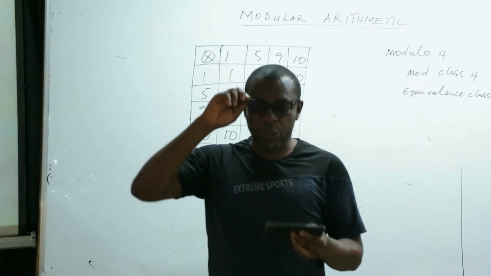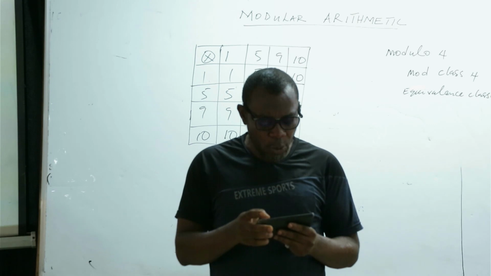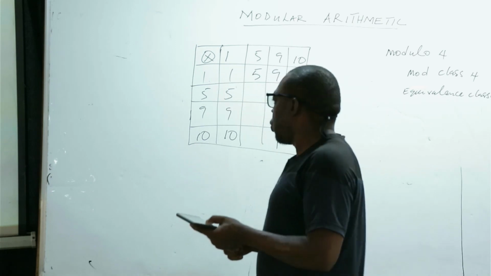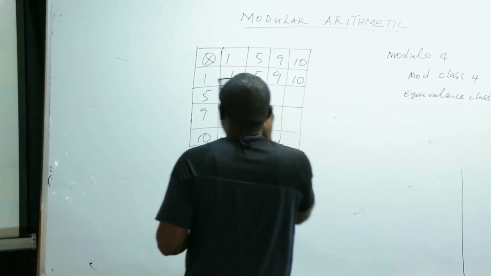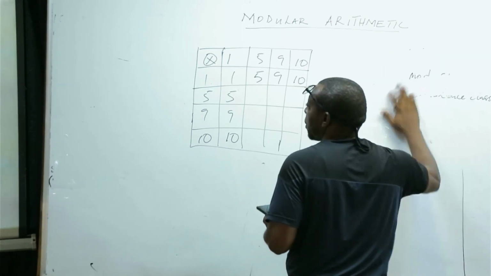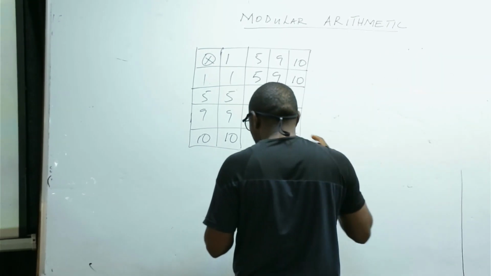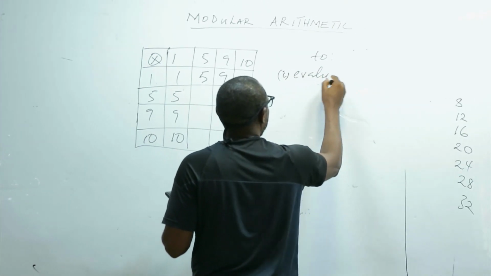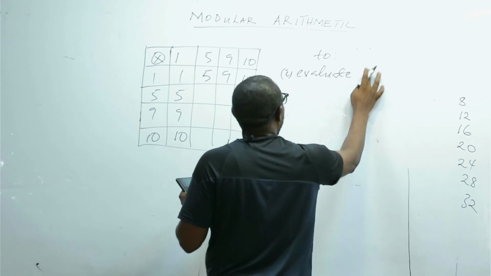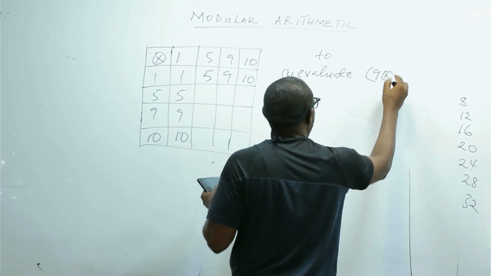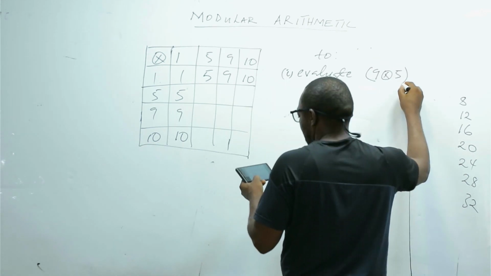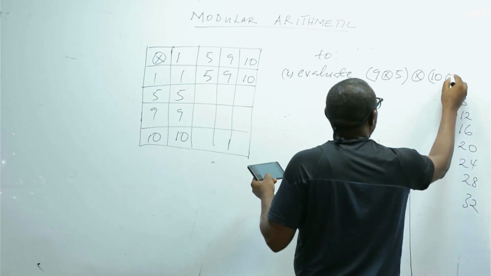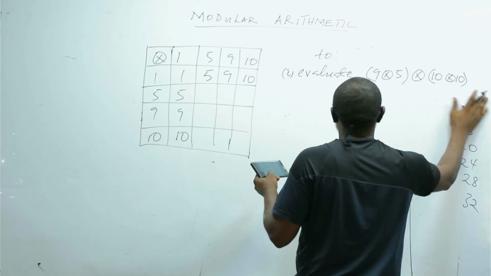Let's go down to question B. Use the table to evaluate: bracket open 9, operation multiplication 5, bracket close, operation multiplication, bracket open 10, operation multiplication 10, semicolon.